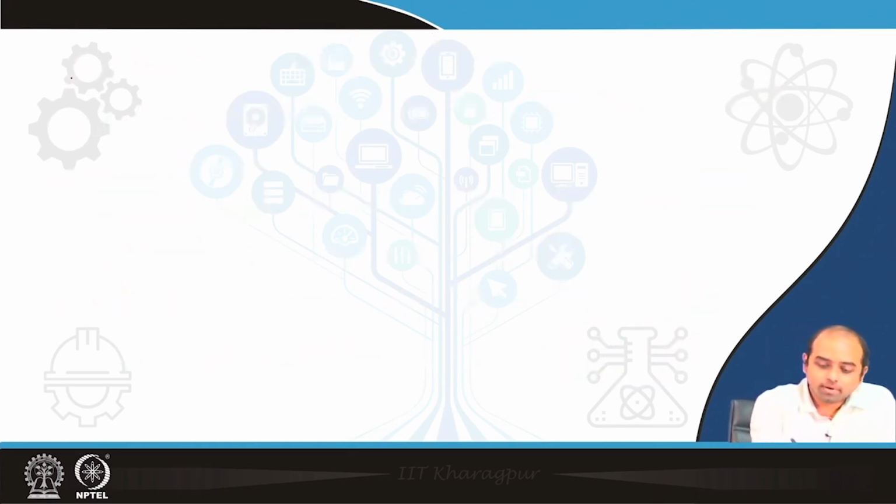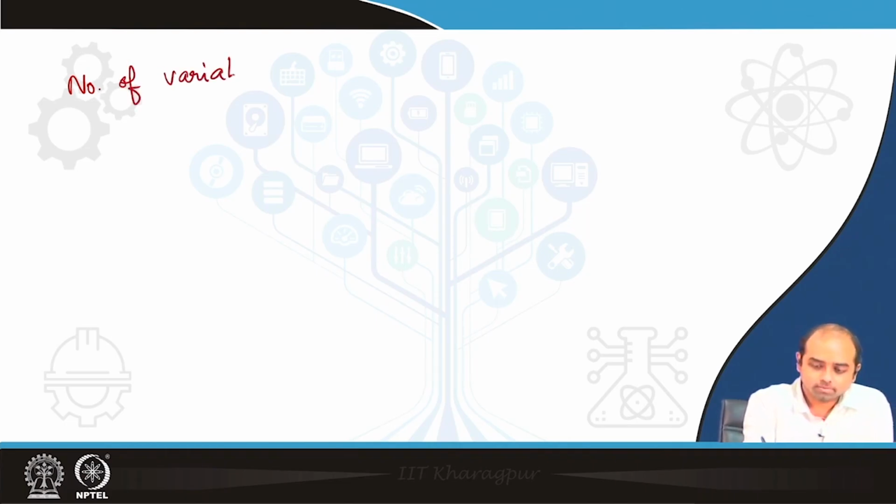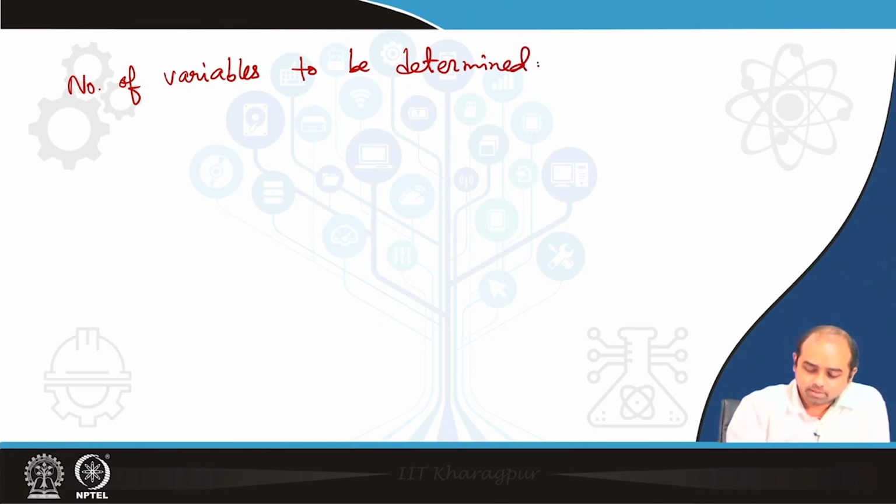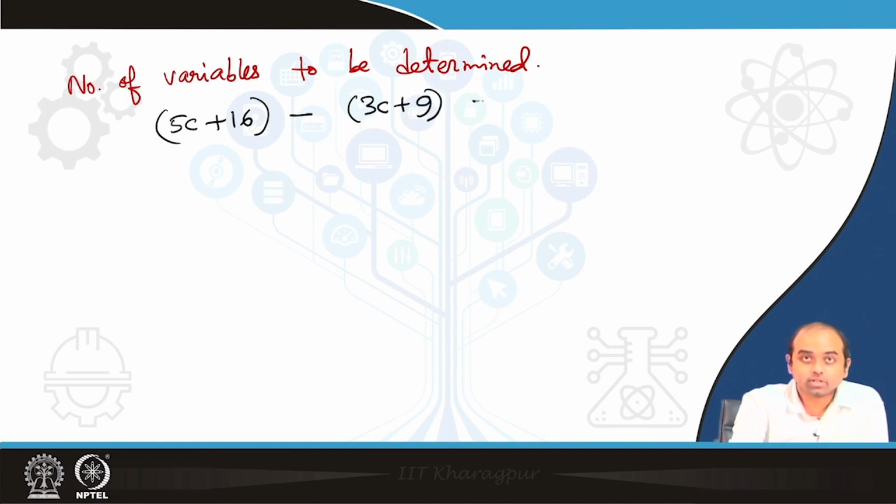Now, the number of variables to be determined: 5c plus 16 is the total number of variables in one particular stage, and already you have 3c plus 9 variables known.